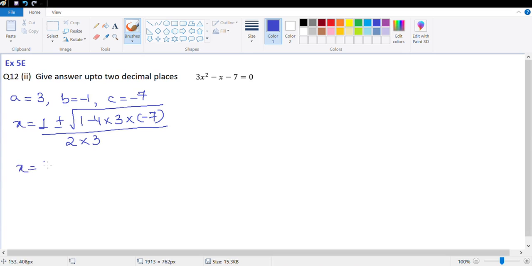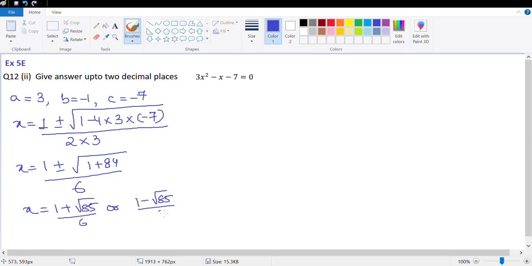X would be equal to 1 plus minus the square root of 1 plus 4 into 3, 12 into 7, 84. So we're looking at root 85 upon 6. So x is equal to 1 plus root 85 upon 6 or 1 minus root 85 upon 6. Let me look at the value of root 85 at the end of your book.